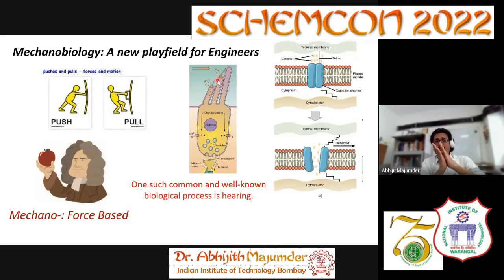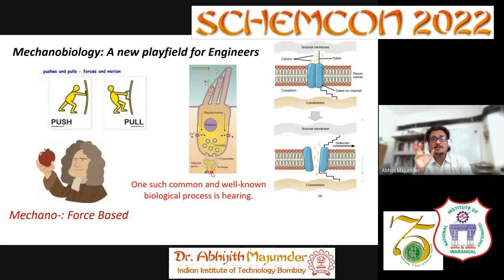When they bend, the spring gets stretched, and everything is mechanics, right? Wave, bending, spring getting stretched, and when the spring gets stretched, there are these small doors known as ion channels, and that door gets opened because the spring is pulling it. As soon as the door gets opened, the calcium ion can get in, and then that starts a process of electrical signaling that goes to the brain, and that is how we listen.